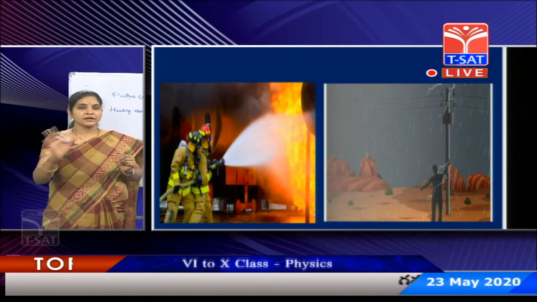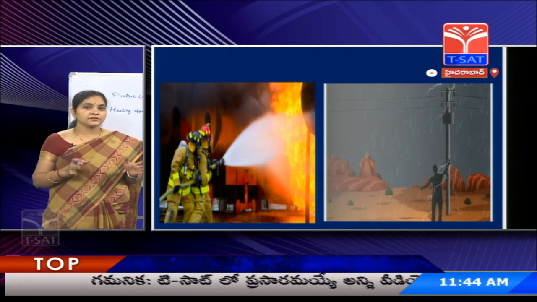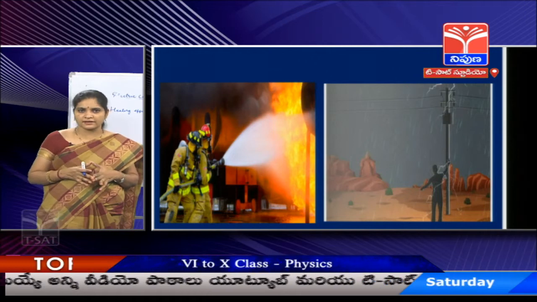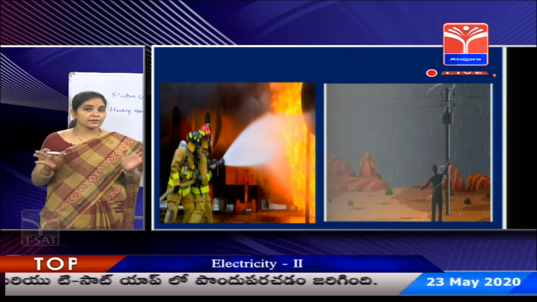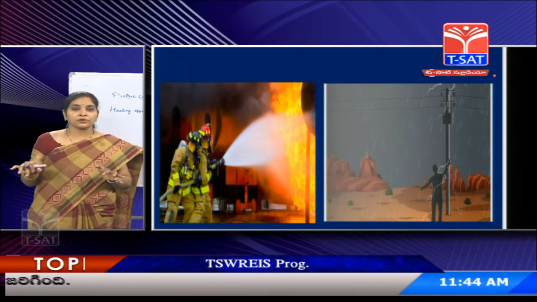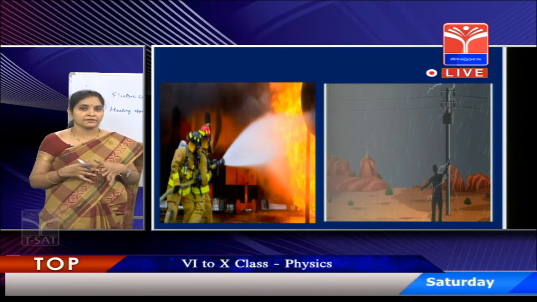Now, coming to the next picture, why are we advised not to touch the electric poles during rainy seasons? During rainy season, the electric pole is wet. Current may pass through it and it may cause harm to the person who is touching it.